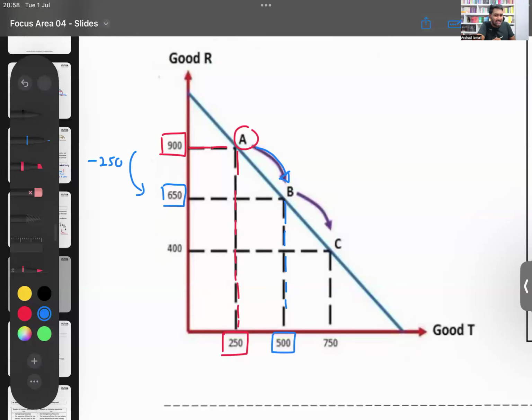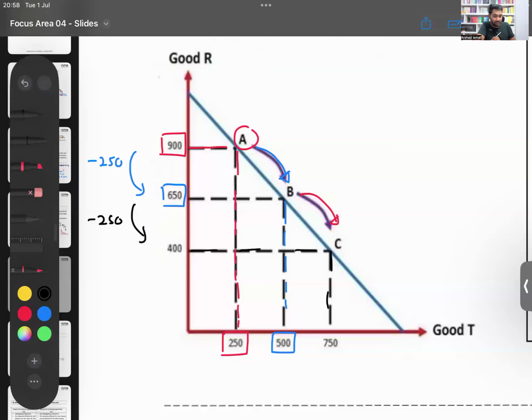Now, here we are saying opportunity cost is constant. That means when I go from, let's say, B to C also, the opportunity cost has to be the same. Can you all see? Is it the same? When I go from point B to point C, is my opportunity cost again 250 R? It is, no? And that is what you call my constant opportunity cost.